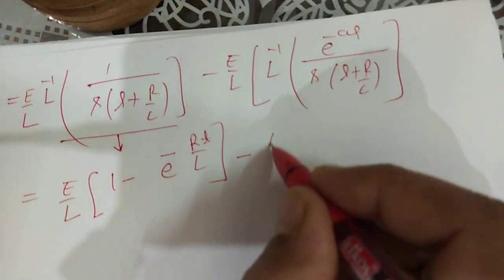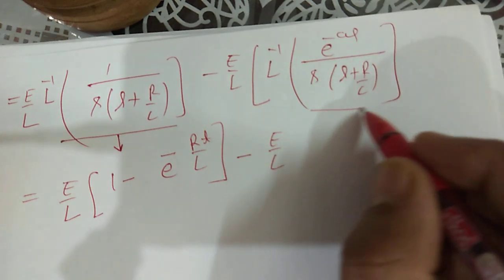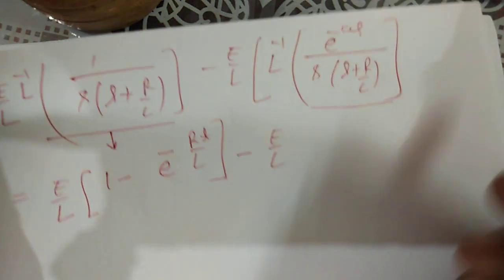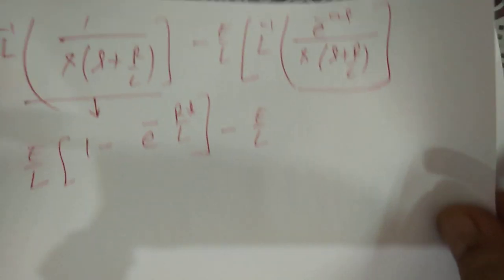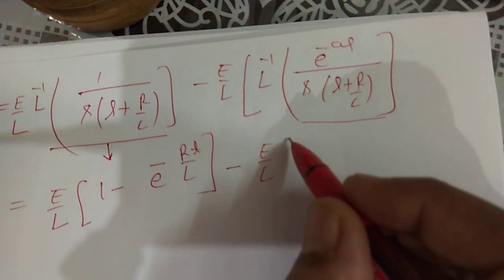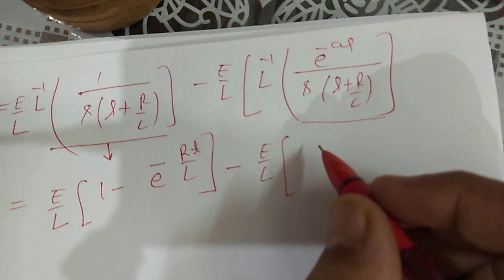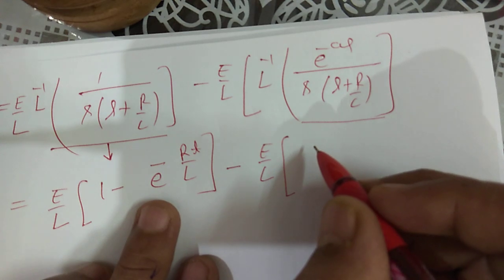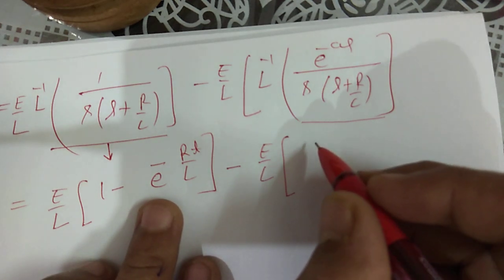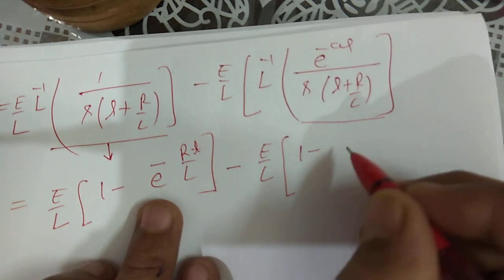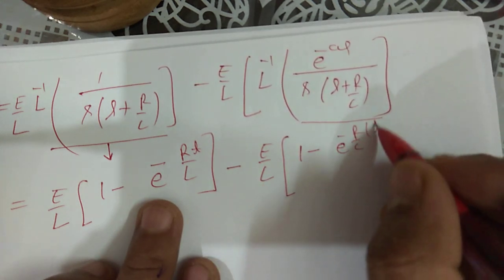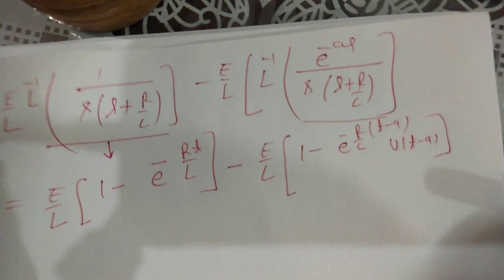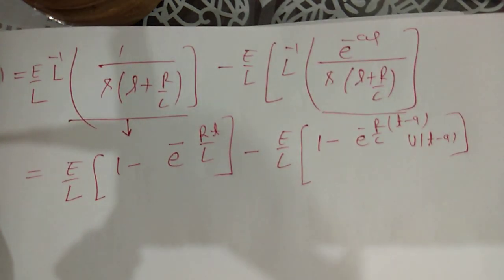And minus E/L, and this part is the same thing, only multiplied by e^(-as). Using the unit step function, the answer will be the same thing, only f(t - a) u(t - a). So we get 1 - e^(-R(t - a)/L) into u(t - a). So this will be the answer.